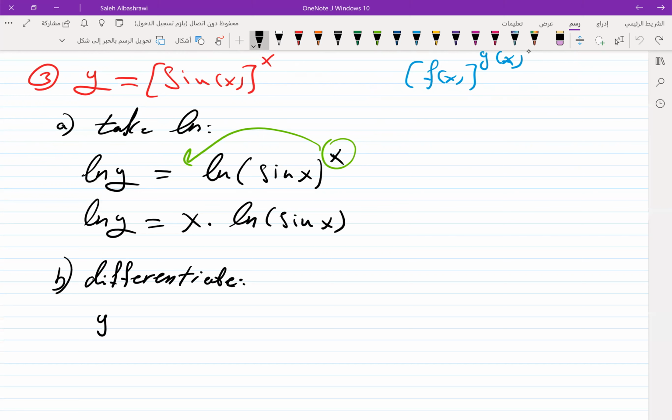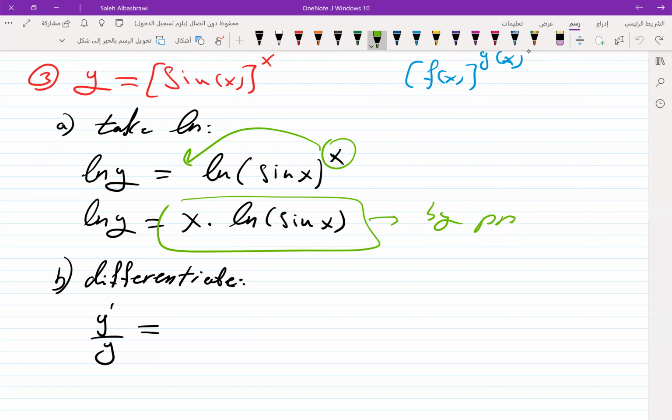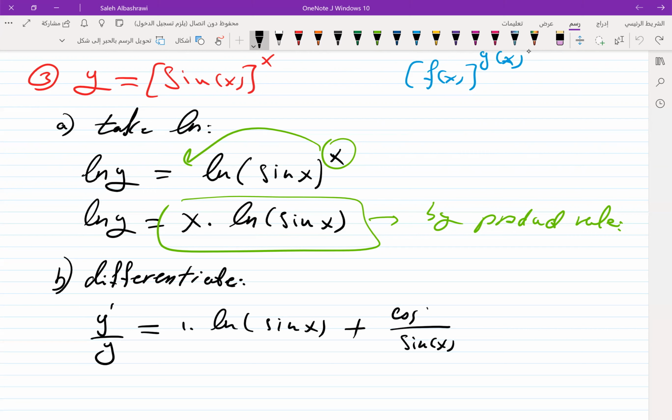I will have y prime divided by y equal to, by the product rule again, 1 multiplied by ln of sine x plus the derivative of ln sine, where the function is down and the derivative is up, multiplied by x, because it's f prime g plus g prime f.